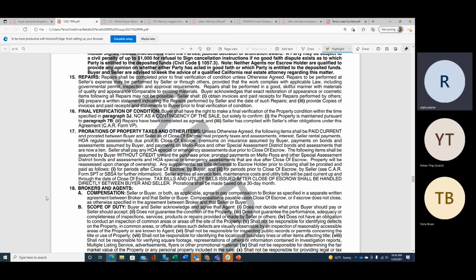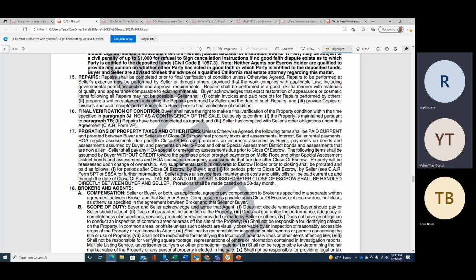The following items shall be assumed by buyer without credit toward the purchase price: prorated payments on Mello-Roos and other special assessment district bonds and assessments and HOA special or emergency assessments that are due after close of escrow. Property will be paid as follows: one, for periods after close of escrow by buyer, and two, for periods prior to close of escrow by seller.